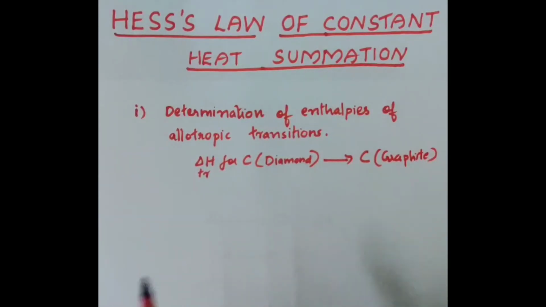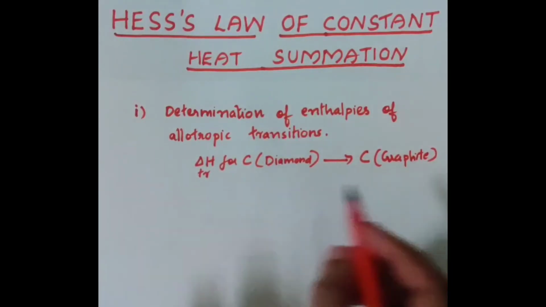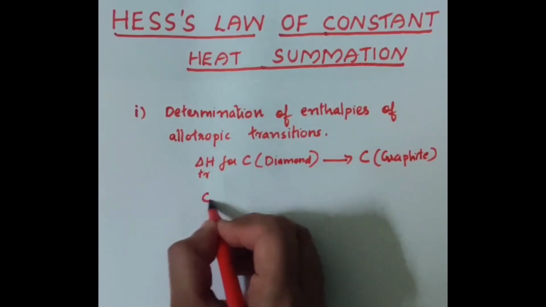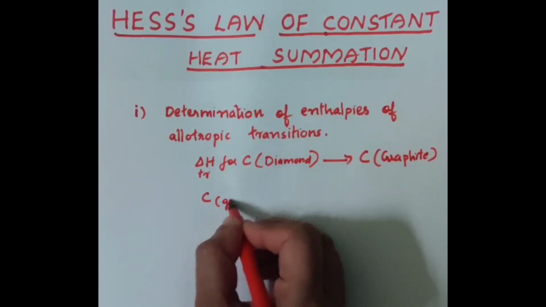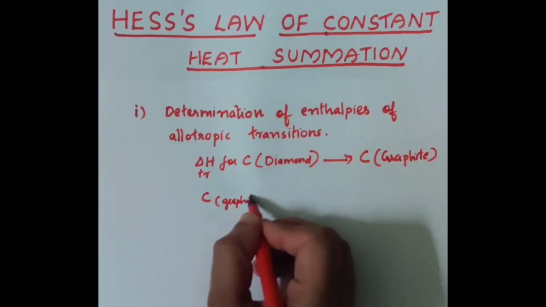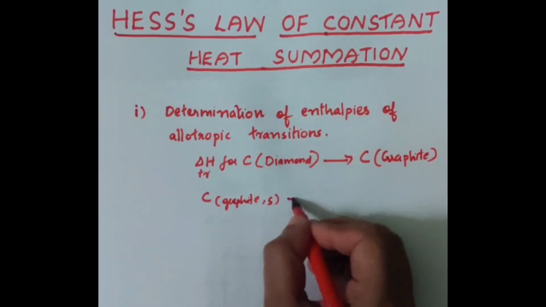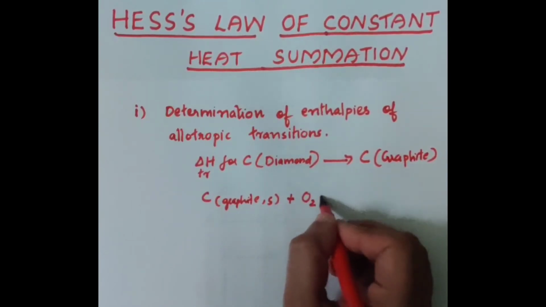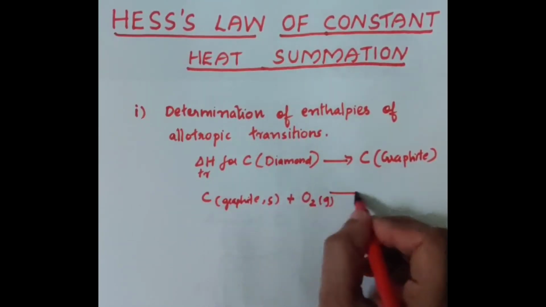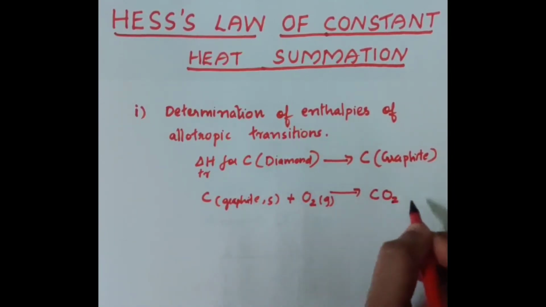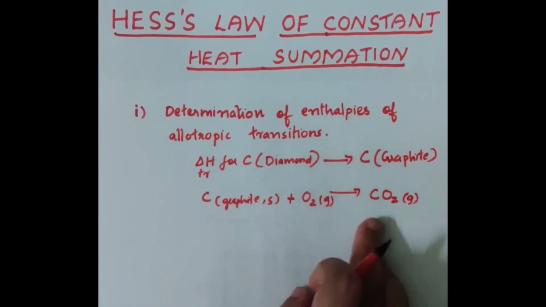So let us write C graphite, which is in solid state, plus O2 gaseous, gives CO2, which is carbon dioxide gas.